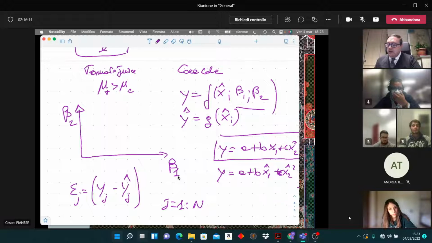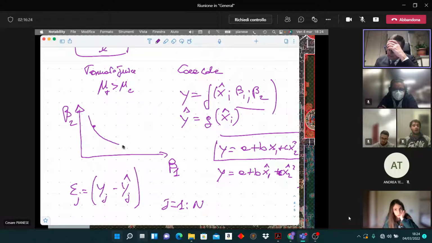Okay. What happened? Suppose that you have your error here. This is a value. So suppose that you will be able to represent the isolines, the curves with the same error. This is one value of the error, another value of the error, another value of the error.